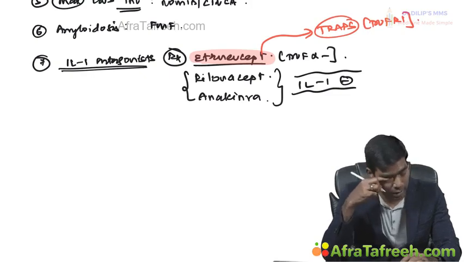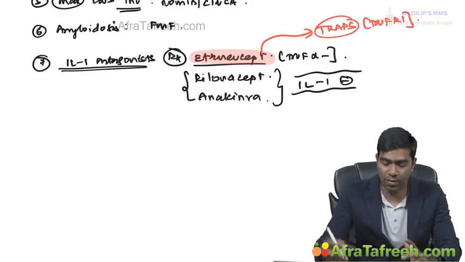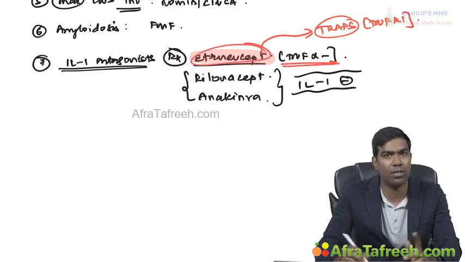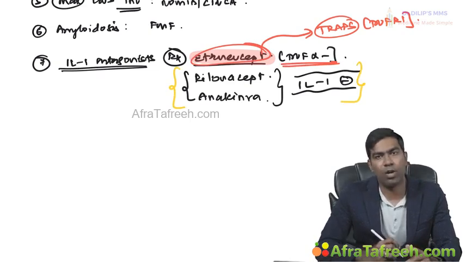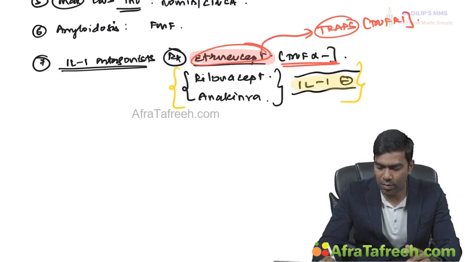That's a TNF receptor alpha problem. So that's why etanercept, a TNF antagonist, works for TRAPS. But every single other autoinflammatory syndrome works well with IL-1 antagonists, that is rilonacept and anakinra.